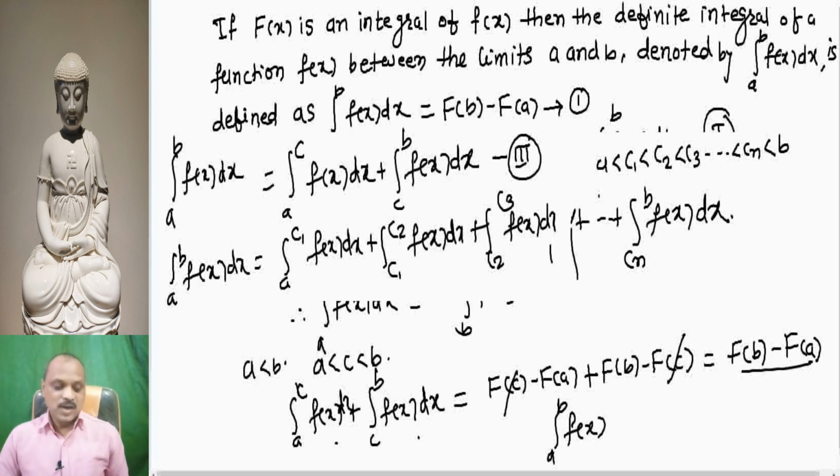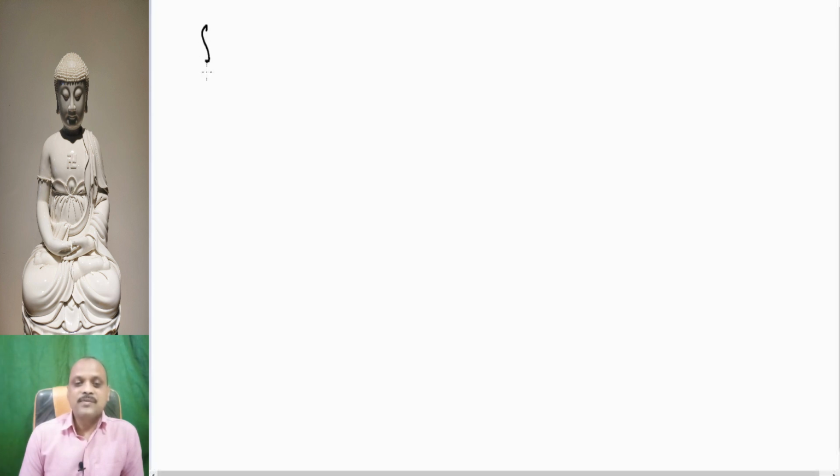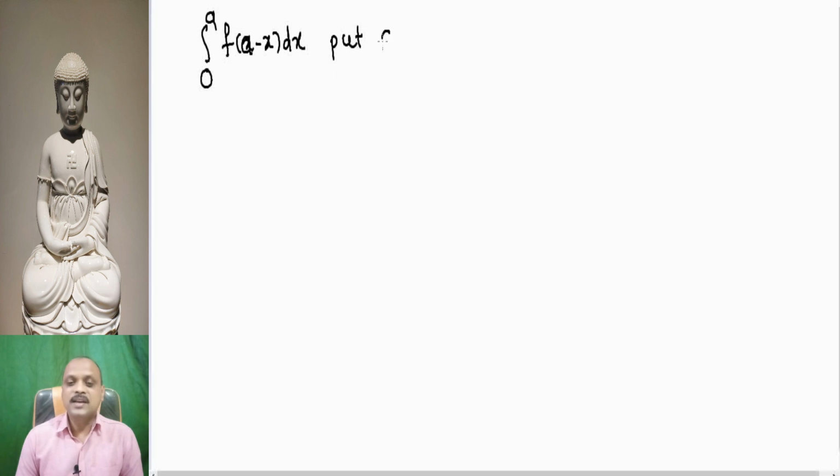Now let us move toward the fourth property of definite integral. Suppose we have the integration 0 to a f of a minus x dx. This is my integration. In this integration, if we put a minus x equal to t, then see the limits.